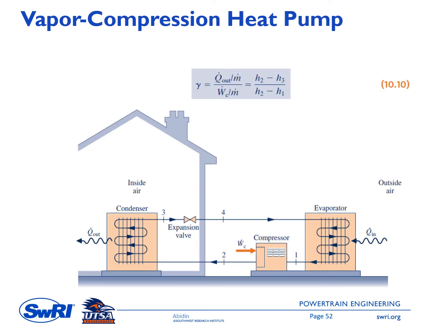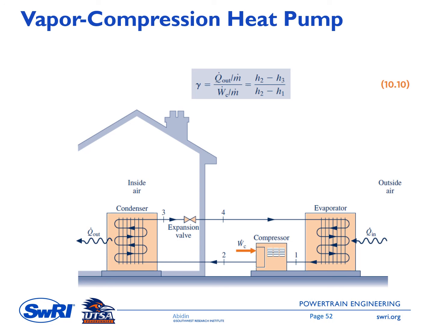And then, like in the vapor compression refrigeration system, we also have a vapor compression heat pump. So it means the working fluid entering the compressor will be at least at saturated vapor. The figure here shows the schematic of the heat pump providing heat inside the house.